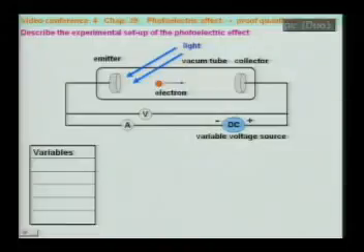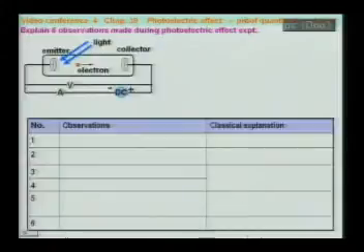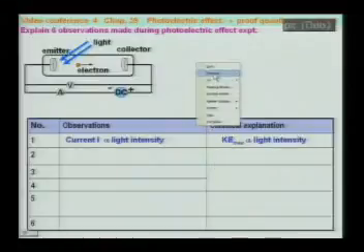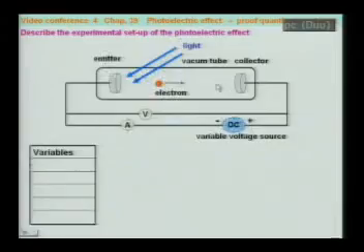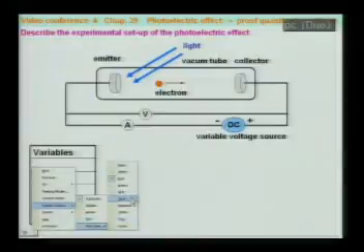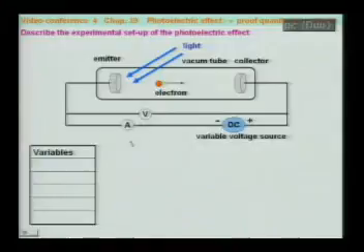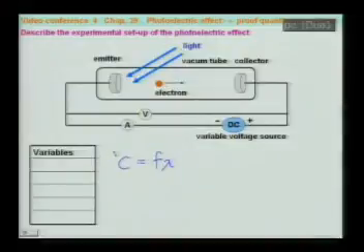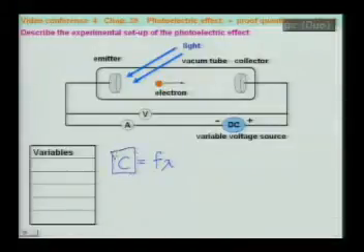C is equal to F lambda. For all visible light and also electromagnetic waves, they share the same property, C, because they all move at the speed of light.